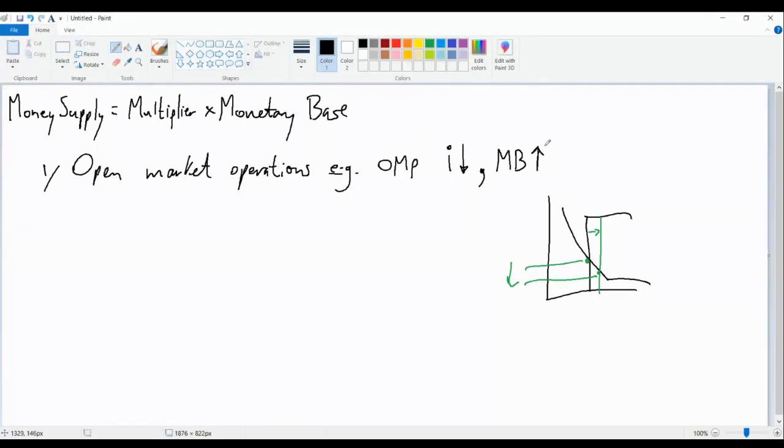And what's happening with the multiplier? Nothing. I just increased the monetary base. Nothing has happened to the demand here in particular. So the multiplier hasn't changed. So what does that mean? It means the money supply rises.